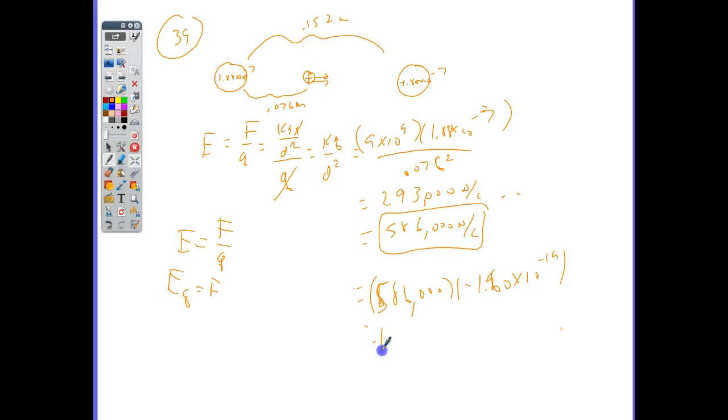And I get the force would be equal to 9.37 times 10 to the negative 14 newtons.